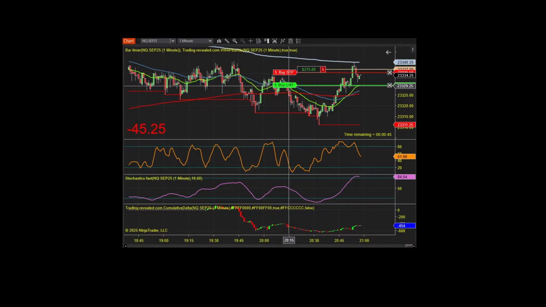Gonna shake me out. But both stochastics are above 80 at this point, so it should have some kind of reversal here.